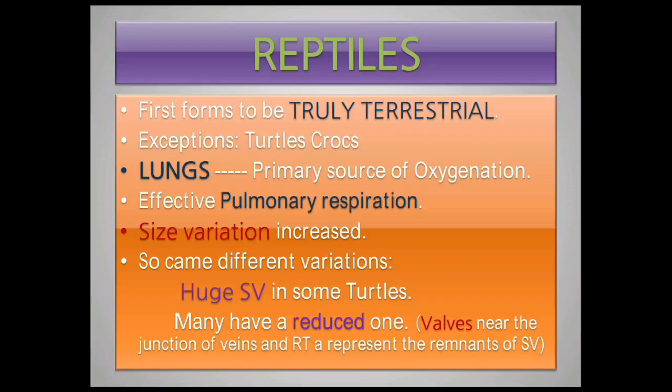Now here, when the sinus venosus is reduced in size, it is represented as the valves which are present near the right atrium. We don't have a sinus venosus, but we have the valves, and these valves are the remnants of the sinus venosus, present near the right auricle.